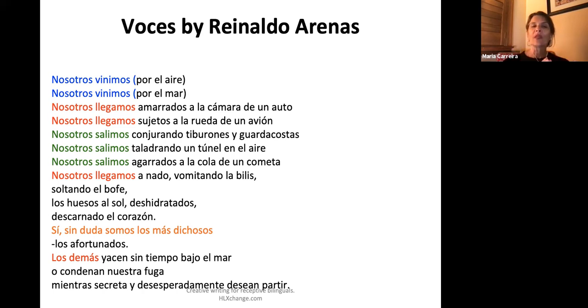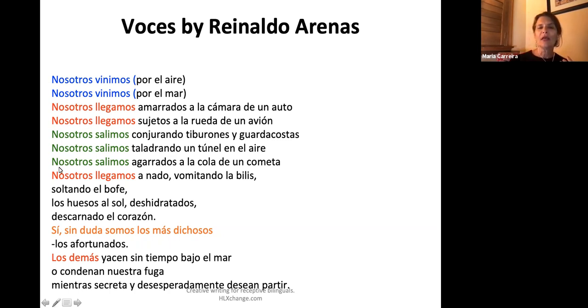In blue, we see two lines that repeat themselves. We came. And here, in the second line, the poet says, we came by sea. In red, and down here again, we see three lines that repeat themselves. We arrived. And here the poet says, for example, we arrived strapped to the tire of a car for floating, right?